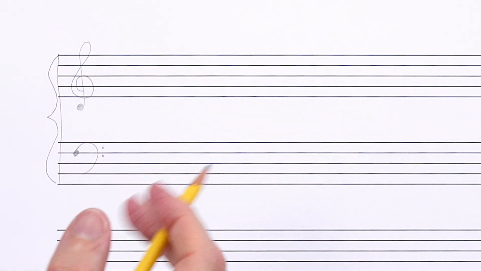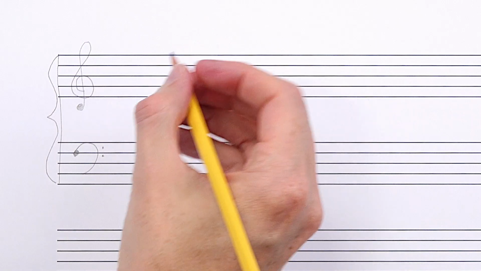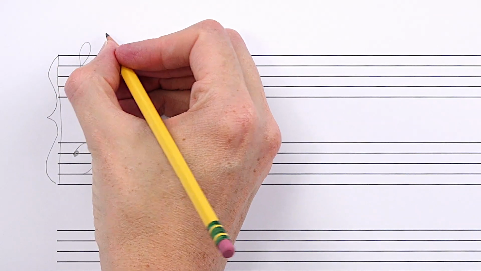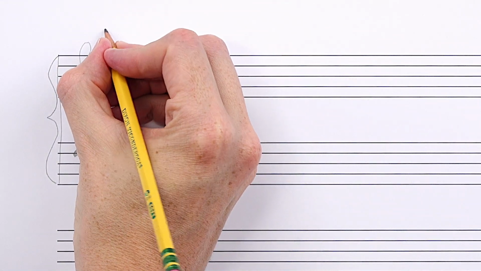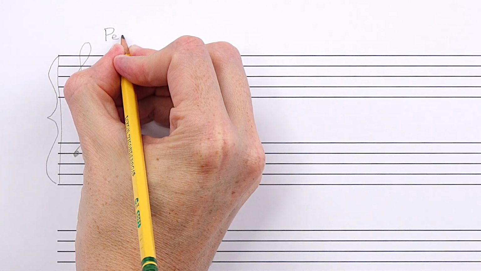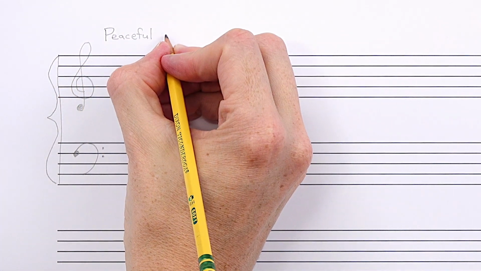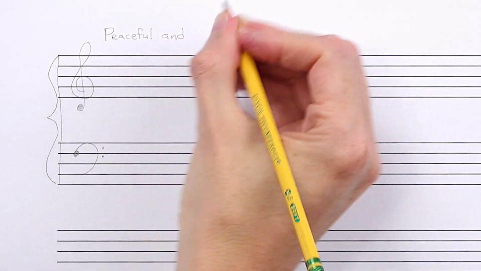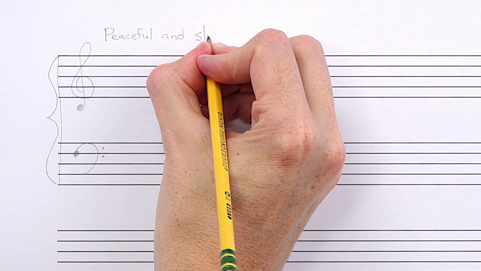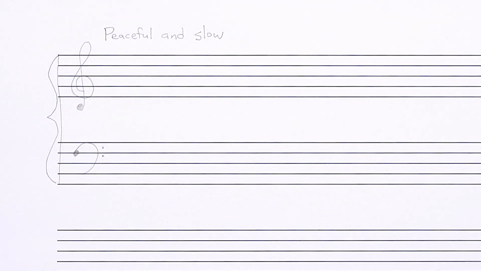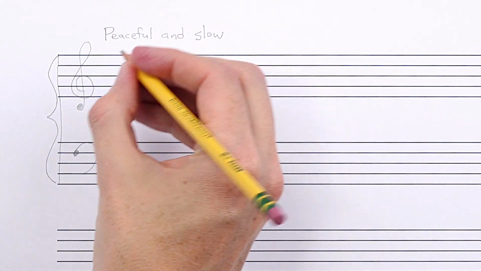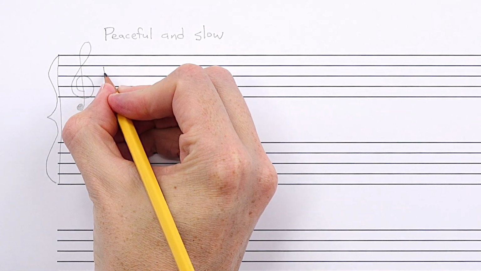Now we're going to add all the choices that you made earlier. Let's write your tempo indication up here where it belongs. Let's say my piece, I've decided on peaceful and slow. And let's say I've decided that I want this to be in the key of F major.